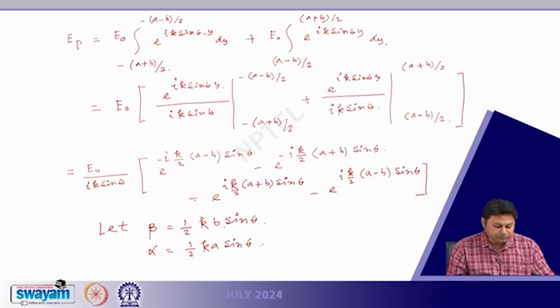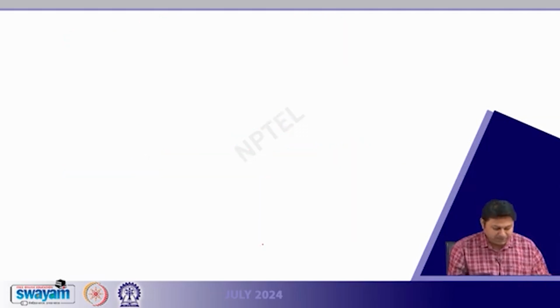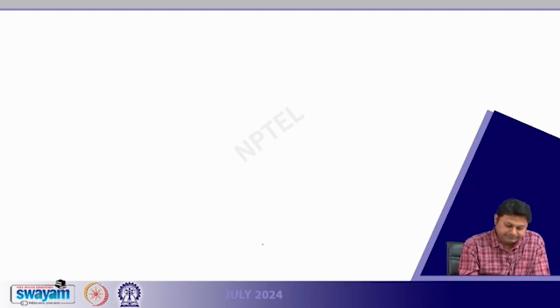So, we have written this expression in terms of beta and alpha, then it should be little bit compact.